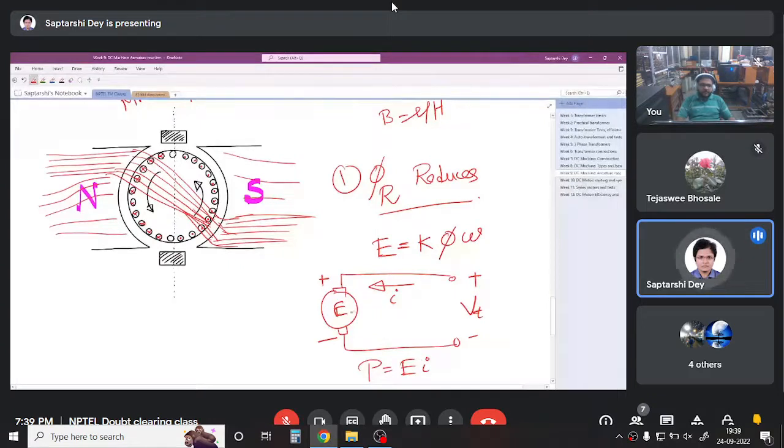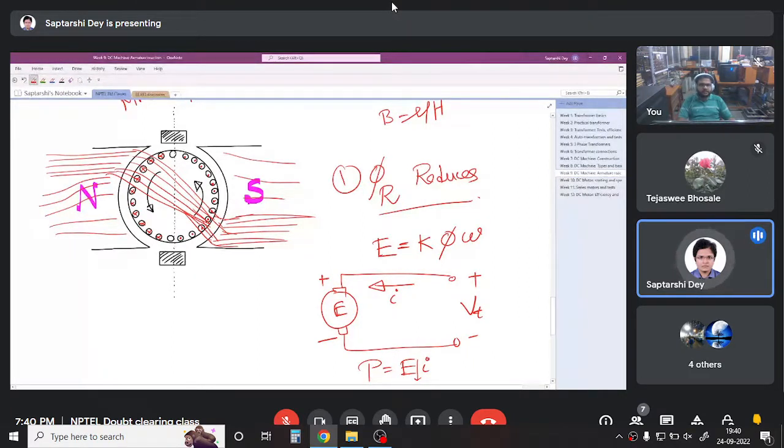Now keeping everything the same, if E reduces, I cannot force more current because there is a thermal limit, the windings will burn. So if E reduces because of this armature reaction, for the same current, I am getting less power. So my efficiency is reducing in a DC machine.